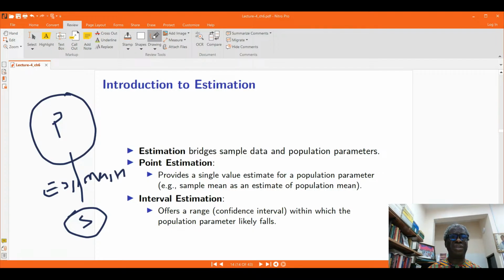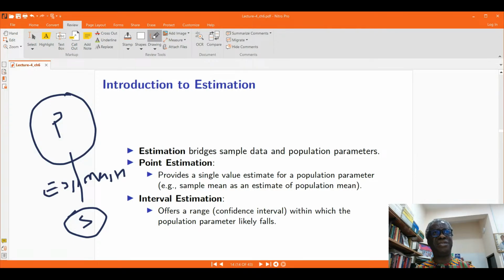Estimation would use the sample data and come up with an estimate of the unknown population parameter. That's why it's a bridge.